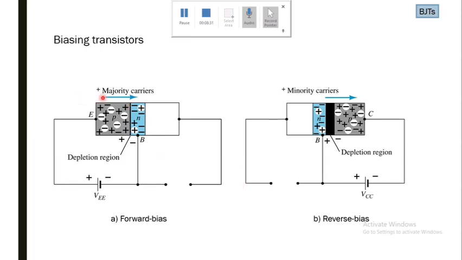The majority carriers which flow from P to N-type material will end up in the collector. The positive charge carriers, or holes, in N-type material are called minority carriers. So the positive charge carriers flowing from the base to the collector terminal are called minority carrier flow.